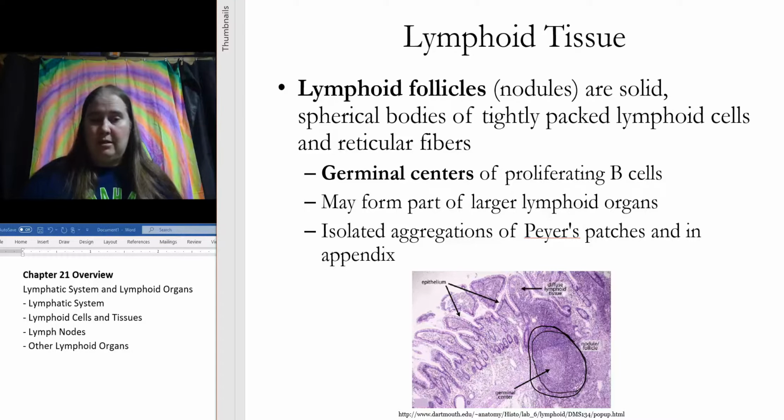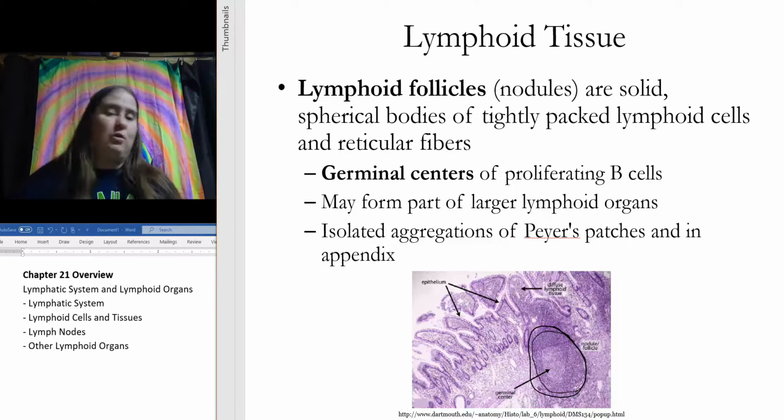So this here is the intestines, part of our digestive system, and dispersed through it we have these huge clusters of lymphoid follicles. The unique feature of the germinal center is very specific to our B cells. This is where the B cells of our immune system are going to proliferate.